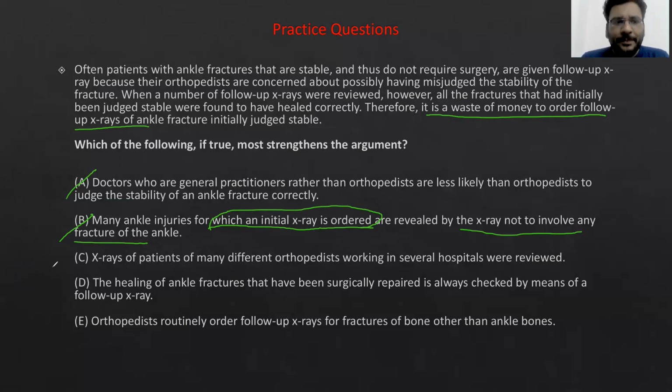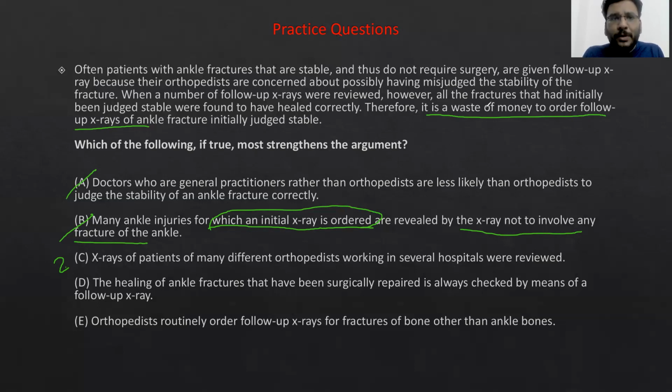Now, what about that? The argument says that these doctors asked patients to go for follow-up X-ray because they were concerned about the possibility of them misjudging the stability of the fracture. And when they did the review, they found that those fractures which were judged stable were healed correctly.